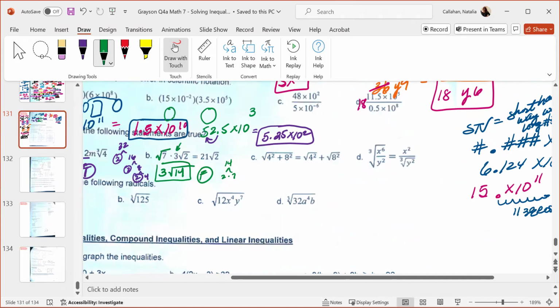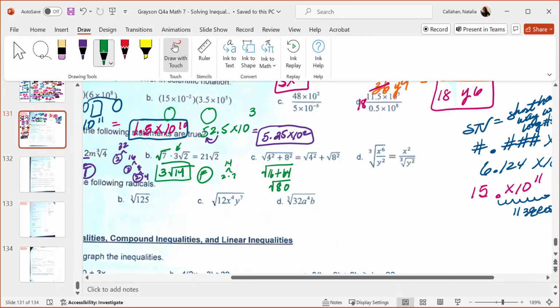For C, let's write this down. 4 squared is 16, right? 8 squared is 64. I don't think this is true. If I add this together, it'll be 80, correct?